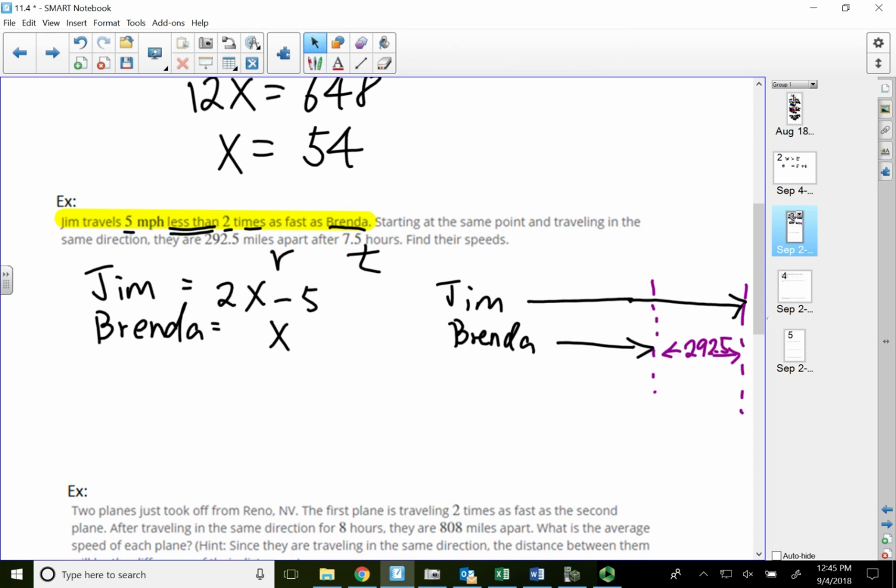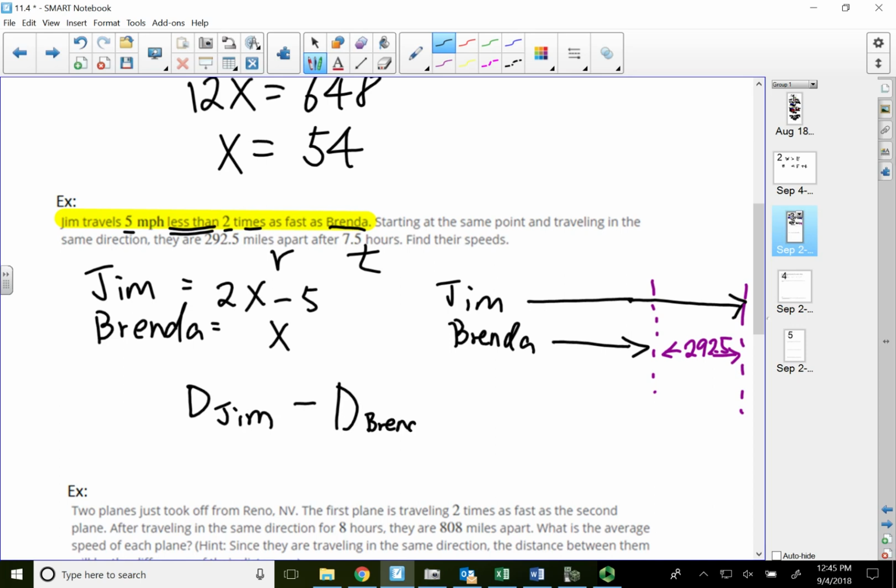That means the distance for Jim minus the distance that Brenda traveled has to be the 292.5. Going the same direction from the same starting point, after so long, they are so many miles apart because one traveled faster than the other. So that many miles apart has to be the difference between them.